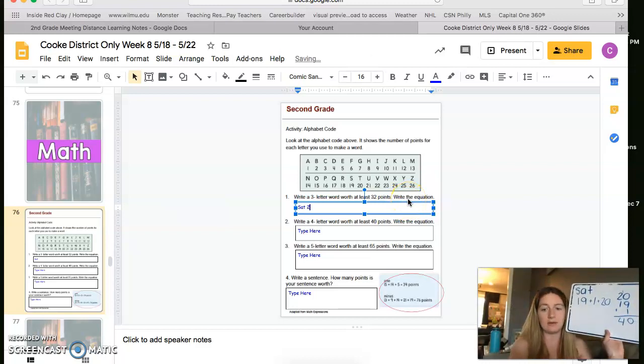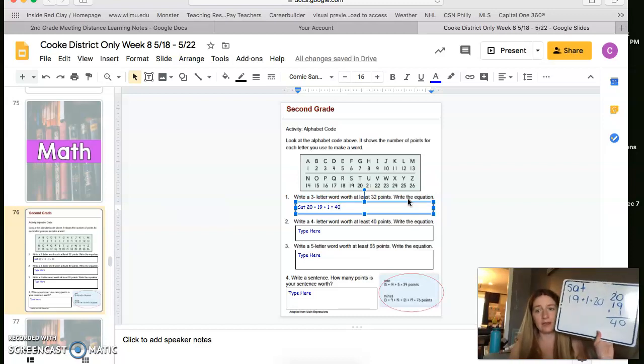So I'm going to type my equation. 20 plus 19 plus 1 equals 40. So there's my equation. And it's a 3-letter word, S-A-T, so I got that part, and it's worth at least 32 points. So it can be 32 points or more.